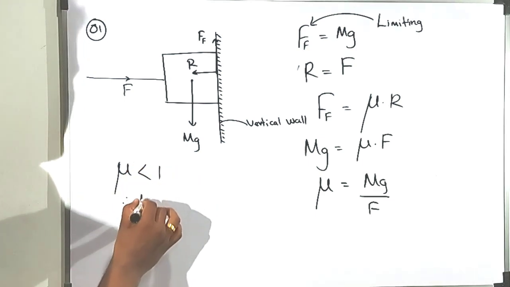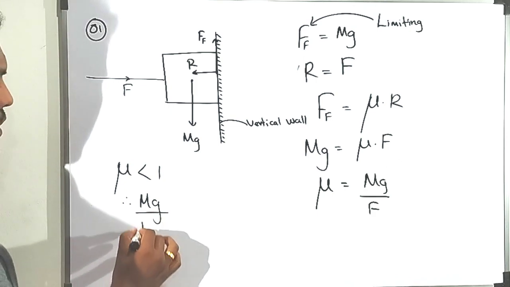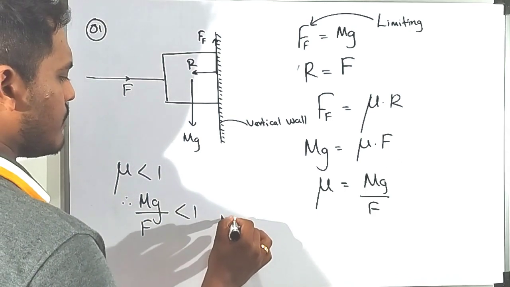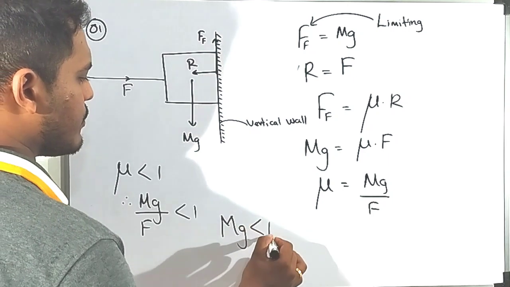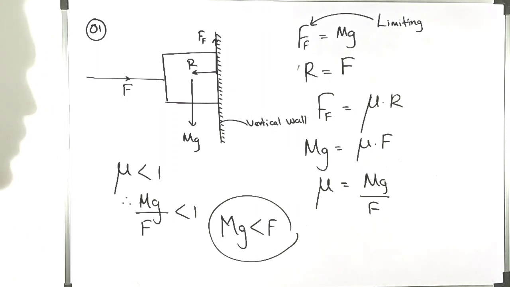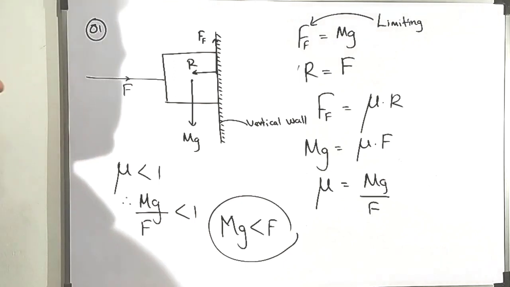Then mg over F should be lower than 1, so mg should be lower than F. This will be the requirement to place the object tightly against the vertical wall. Then the answer will be answer number 3.